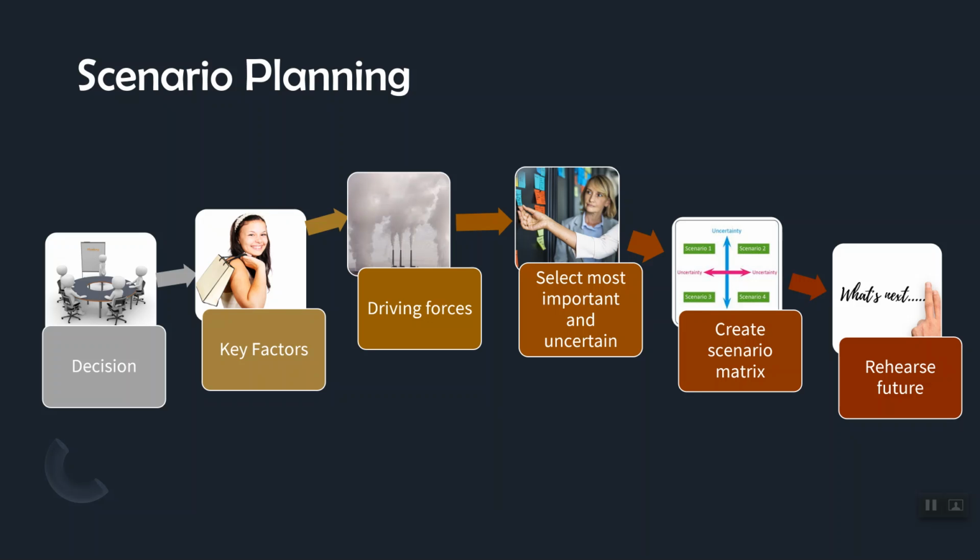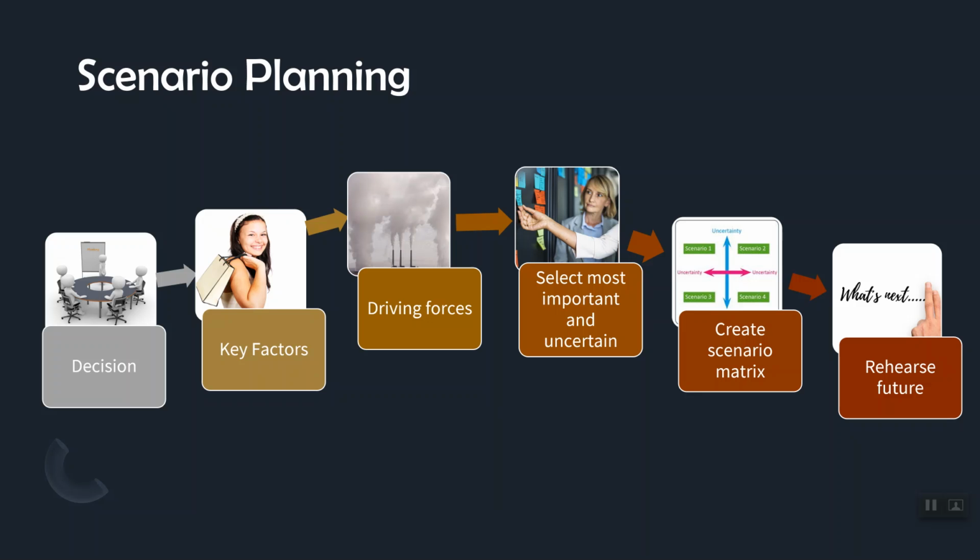Third, identify the driving forces in the business environment that influence the key factors: social, economic, political, environmental, and technological. Next, rank the key factors and driving forces by importance and uncertainty. Identify the 2 to 3 factors or trends that are most important or uncertain.